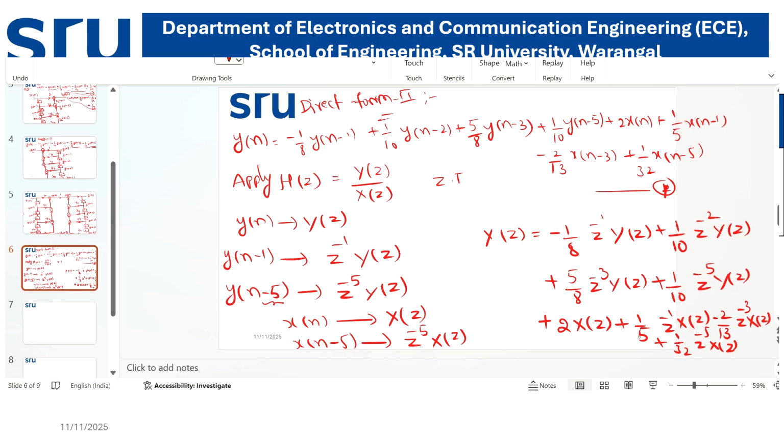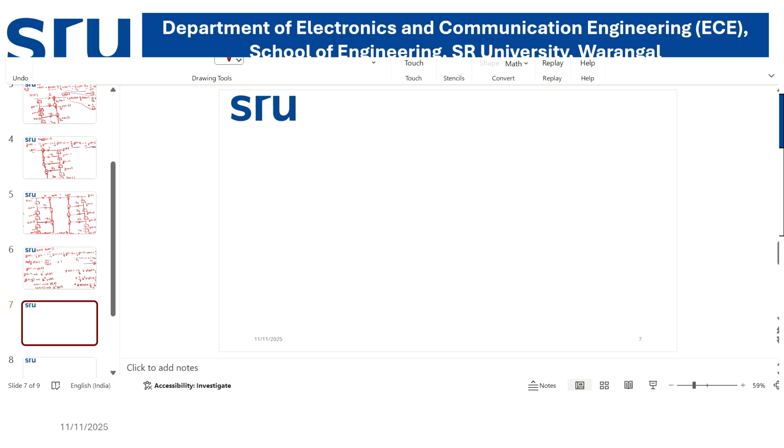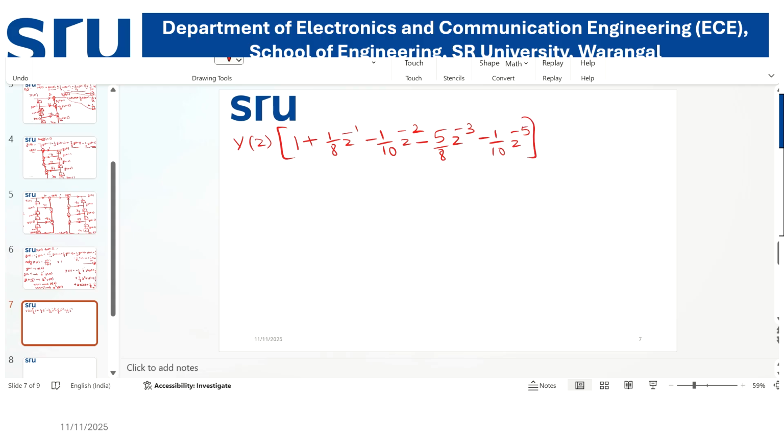After applying the z transformation, we have a common factor, that is Y(z), which is common in both sides, as well as X(z). Now take Y(z) as a common and X(z) as a common to get our transfer function. If I take Y(z) as a common, getting to right hand side, then 1 plus 1 by 8 z^-1 minus 1 by 10 z^-2 minus 5 by 8 z^-3 minus 1 by 10 z^-5.